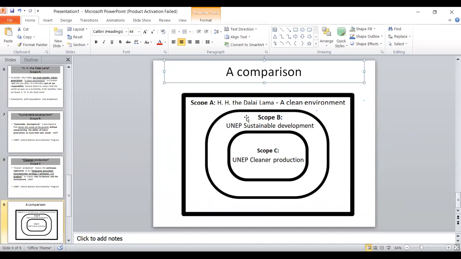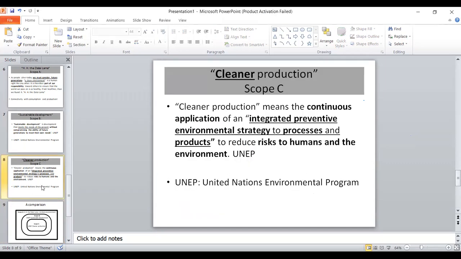B has more scope compared to C. So C, cleaner production, has only a little scope compared to B. A includes B and C. B includes C. So let's say C again.